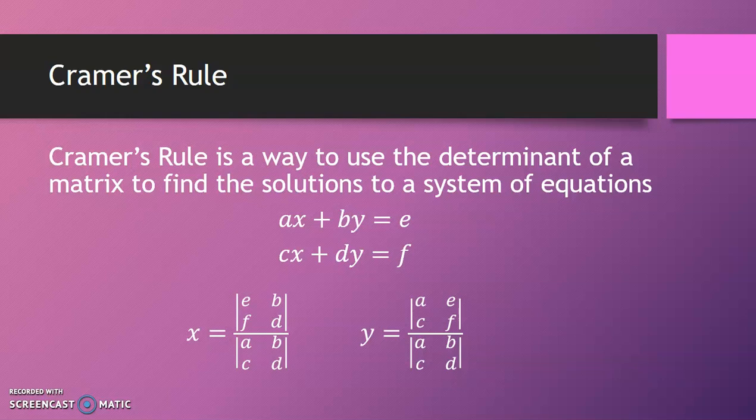So really the only thing that you're going to have to change is that top one. And all of those letters that you're seeing, the e, the b, a, c, all of those come from the numbers that will be given to you in your system of equations. So you're just pulling that information down, plugging it into that form, and then you use what we were just doing, cross-multiplying and subtraction, in order to actually evaluate to solve for those variables x and y.